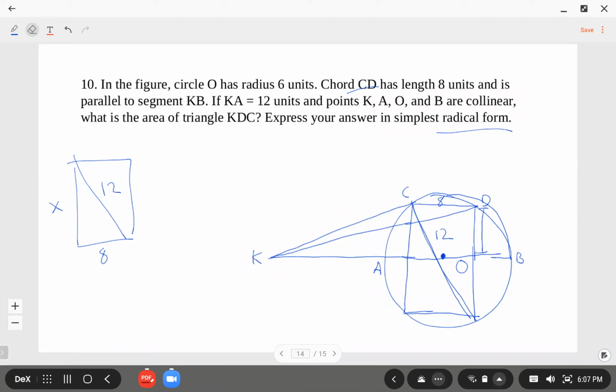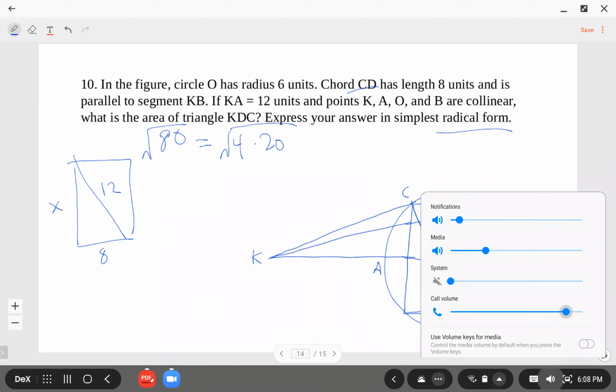So let's solve. 12 squared is 144, and 8 squared is 64. Minus that, it's going to be 80, and that's c squared or x squared. So square root, and then let's simplify that square root. What do we have? 4 times 20.